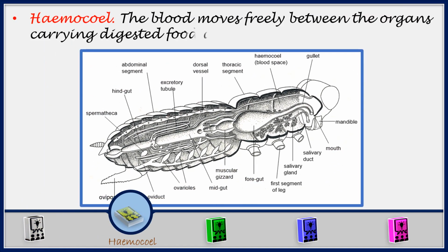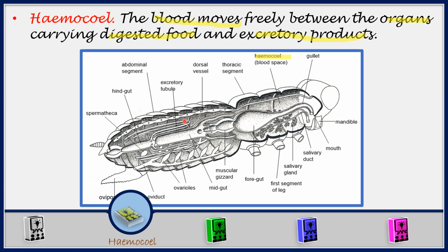So we want to look at each part. We are looking now at the haemocoel. The haemocoel is what we call the blood space. The blood moves freely between the organs, carrying digested food and excretory products. So the blood is going to move through the haemocoel.